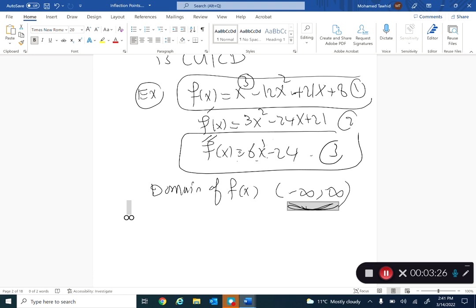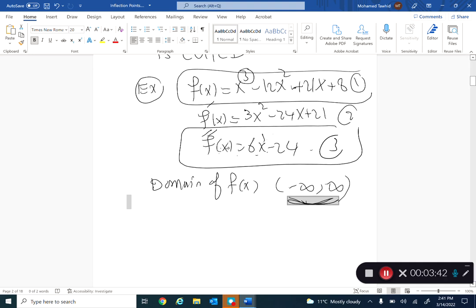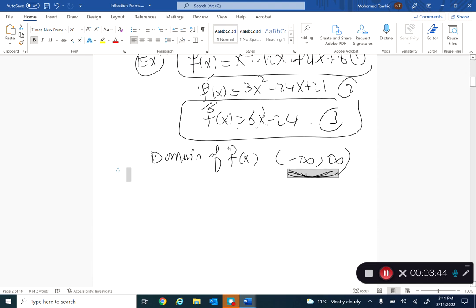At 0 you get one value, at 1 you get another value, and so on. There is no value of x for which the second derivative does not exist or gives an error when I use technology. Because of that, for condition number 1, I have to equate the second derivative to 0.